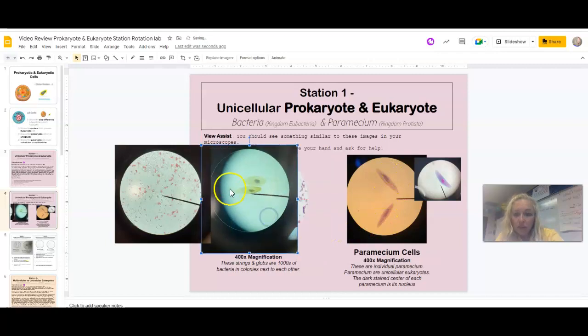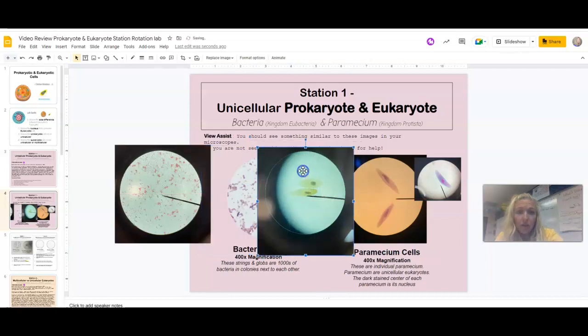So if I put them side by side, you can see one paramecium is the size of 100 bacteria. So these are clearly eukaryotes. If you were on the side of the classroom with the classroom doors on my left, then you were looking at this image. If you were on the opposite side of the classroom, then you were looking at this image right here.